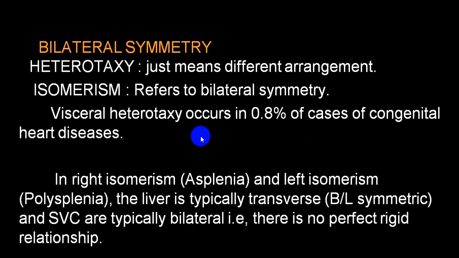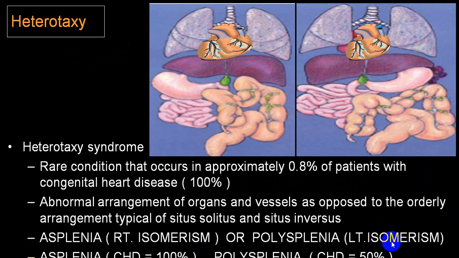So if the person has heterotaxy, the chance of congenital heart disease is 99%. In heterotaxy, you can see this is dextrocardia, the liver position is transverse but malrotated, the stomach is on the left side, here it is on the right side.